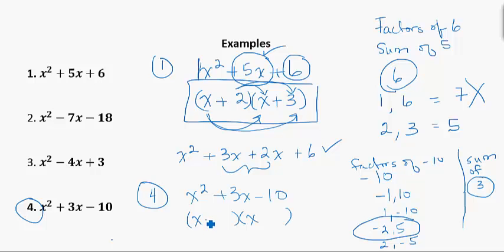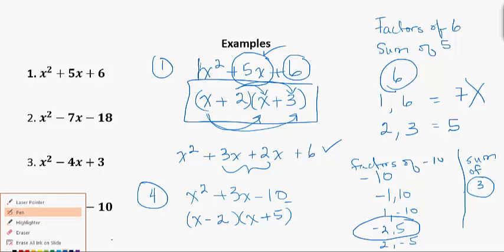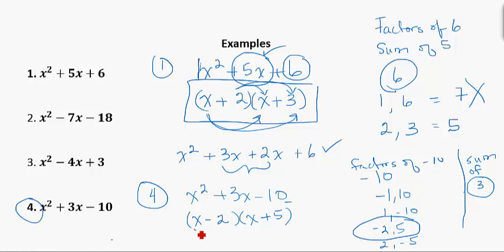So we can put those in here as x minus 2 and x plus 5, paying attention to your signs there. So this is our factored form. Real quick, let's check. If I distribute, x times x does indeed give me x squared. x times 5 is 5x. Distribute the second term, this is going to be a minus 2x minus 10.